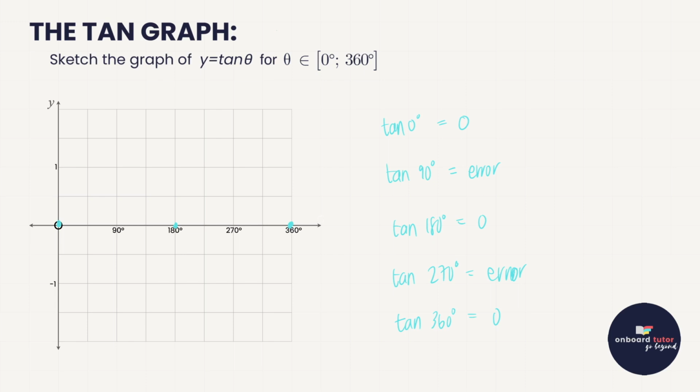So this is not enough information to draw the graph, but it's also not a reason to panic. If you are given this tan graph and they want you to draw it, remember that you can plot more points. So let's add some points in between. Between 90 and 0, there's another point here, a 45-degree point.